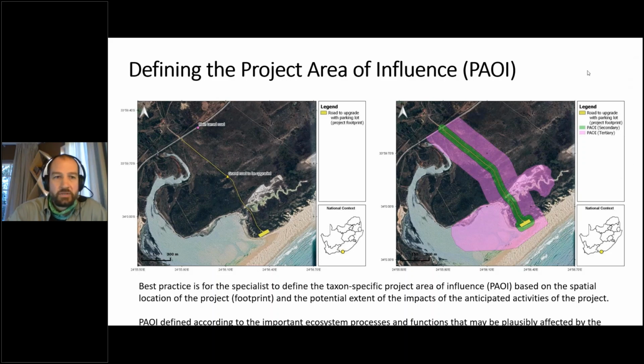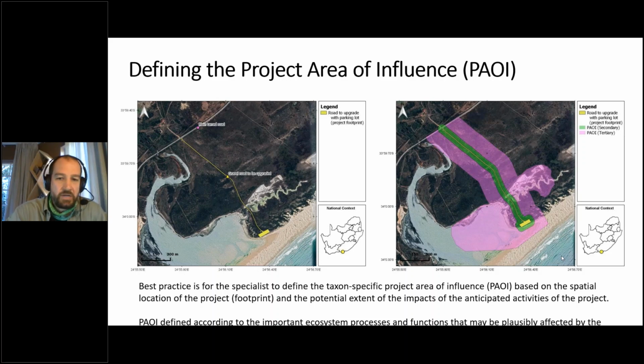I'd just like to go over defining the project area of influence, because as a minimum requirement, the protocol requires that the development footprint site is surveyed and presented in terms of species of conservation concern and impacts.